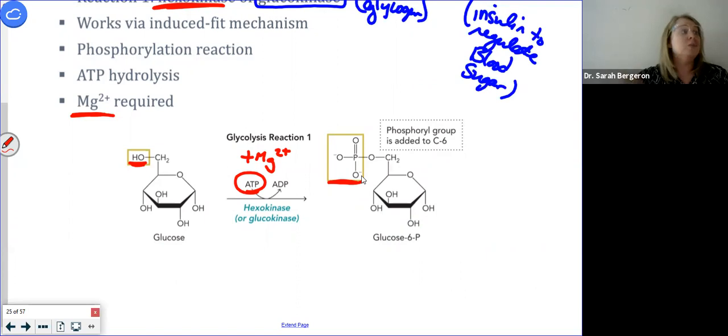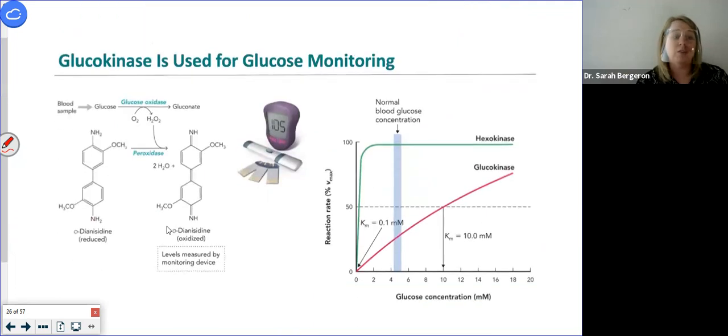So is it worth the ATP investment? Absolutely. So when we go to measure somebody's blood sugar, we want to measure what's actually out in the bloodstream, not what we're measuring inside the cell. So if we want to measure blood glucose levels, this is the thing where you can prick your finger and monitor your blood sugar levels. You take a blood sample and that glucose present in the bloodstream reacts with an enzyme on the test strip called glucose oxidase.